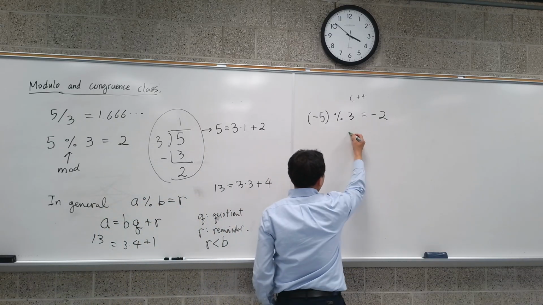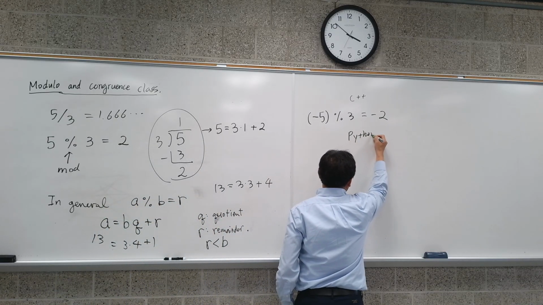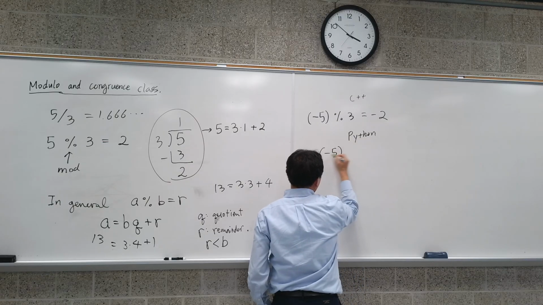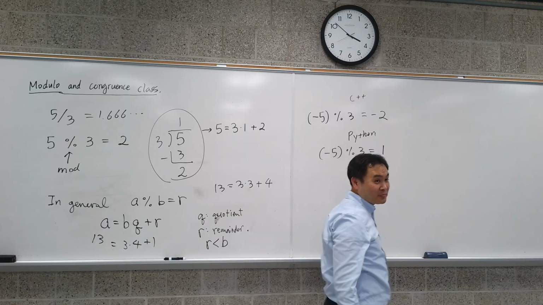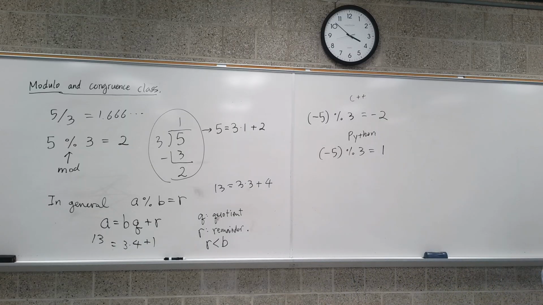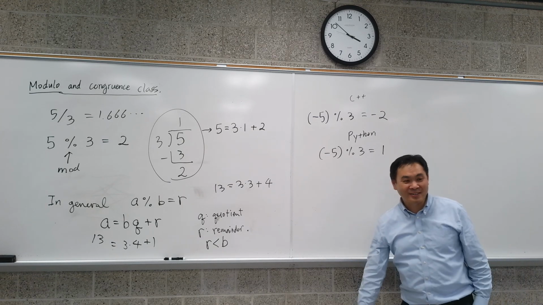But in Python, if you do negative 5 % 3, you get positive 1. So, which is right?